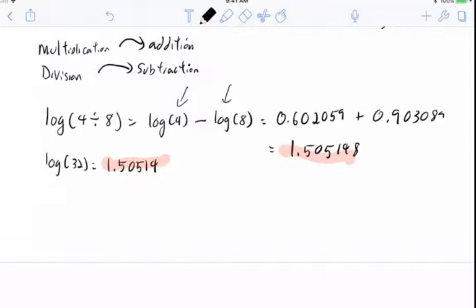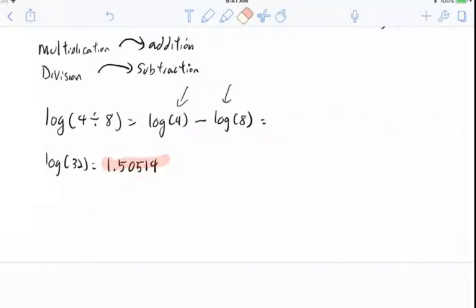So let's try that right now. Let's see, 4 divided by 8 is 0.5, right? Plug that into my calculator. Log of 0.5 is equal to minus 0.301029. Okay. So now I'll evaluate each of these two. The log of 4 is equal to 0.602059.